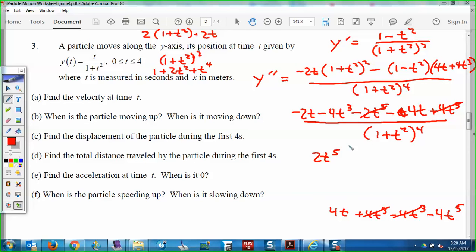I got minus 4t cubed. I got minus 6t. Okay, all over 1 plus t squared. How am I doing so far? Did I make a mistake somewhere? I got this worked out somewhere. Double check.